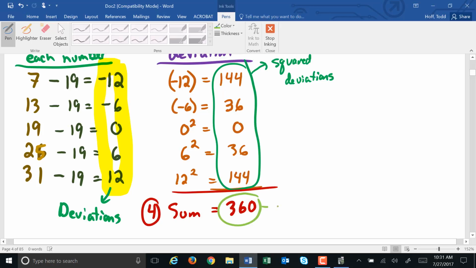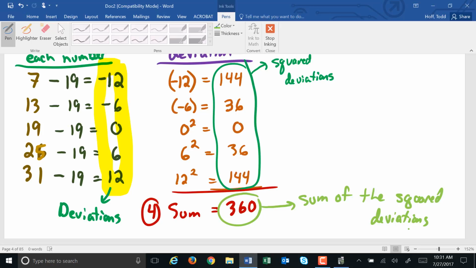That number I just found there is referred to as the sum of the squared deviations. Really creative with their names here, huh? So, sum of the squared deviations.